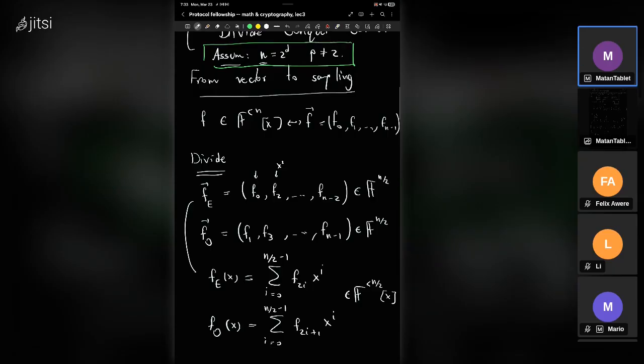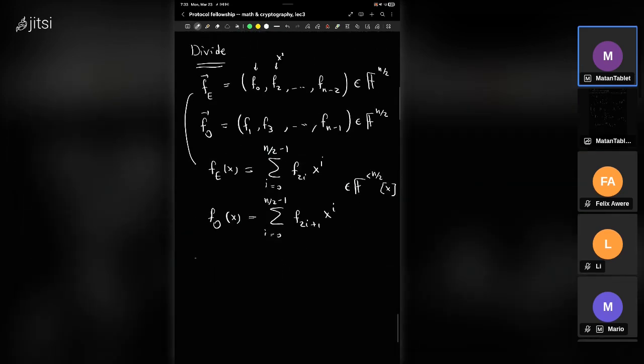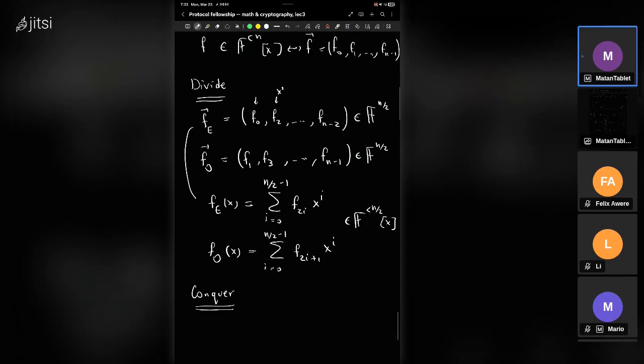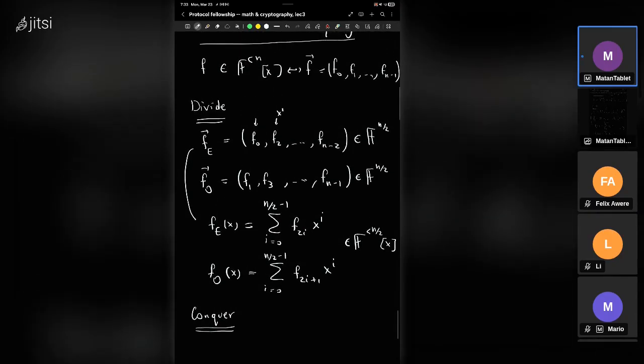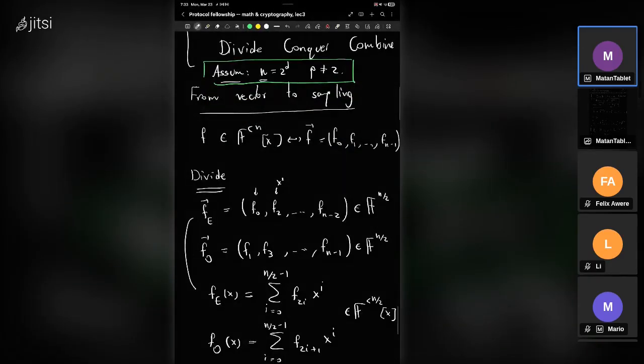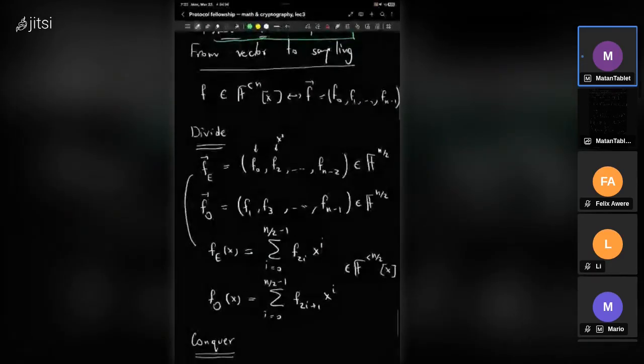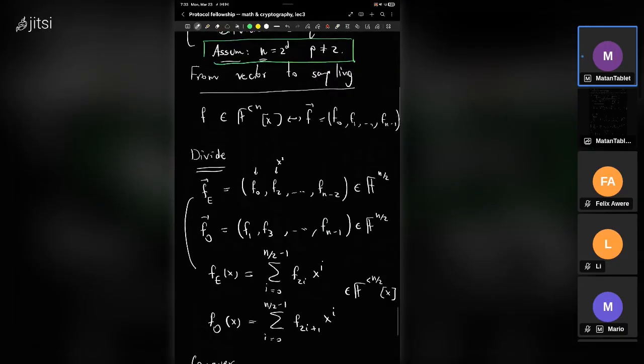And so this is the divide part. Conquer. Well, what do I need to do? In order to go through the sampling representation, I need to evaluate f on the sampling set x.